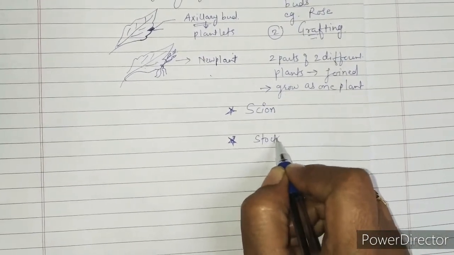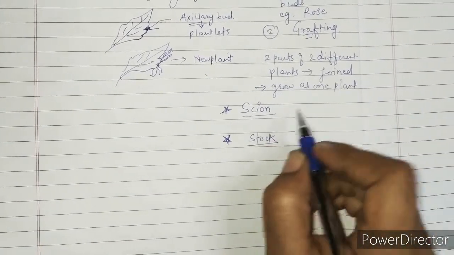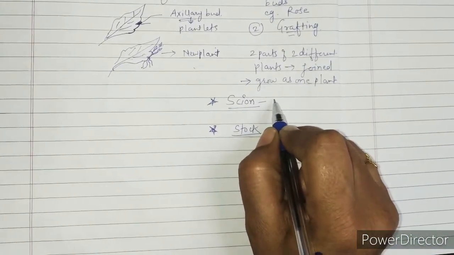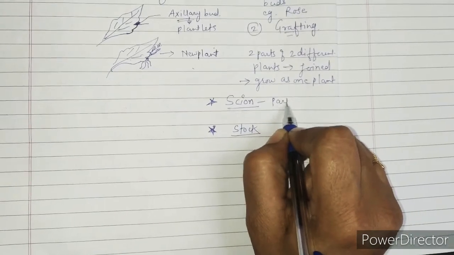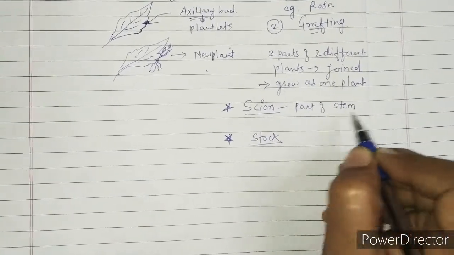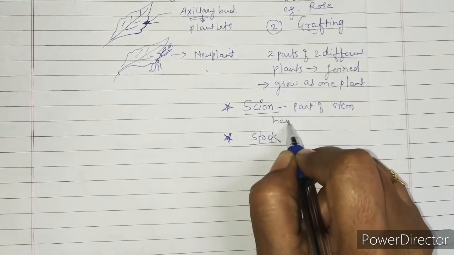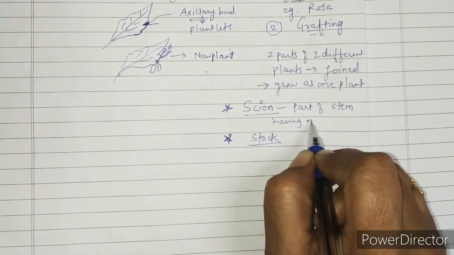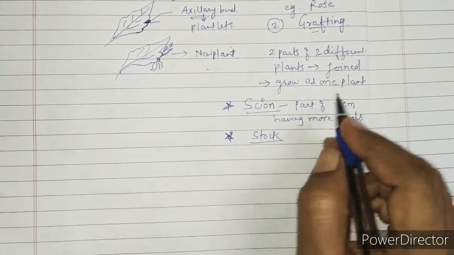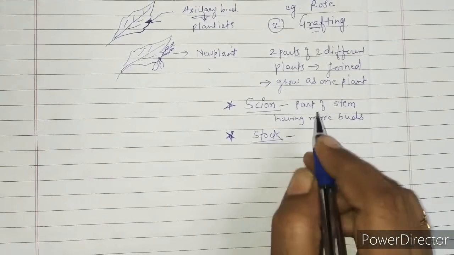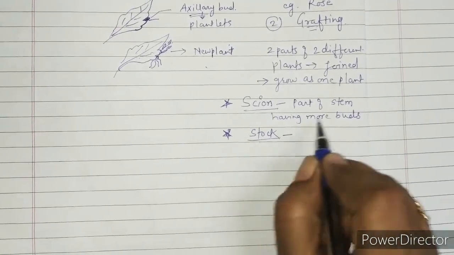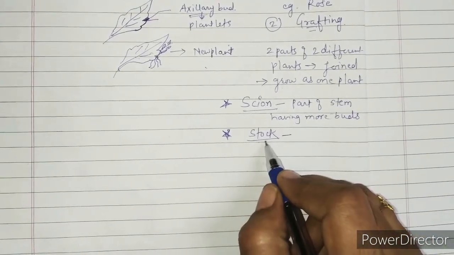Now what is scion and what is stalk? Scion is the part of the plant, or you can say a part of the stem, having more buds, and that part is grafted onto the stalk.